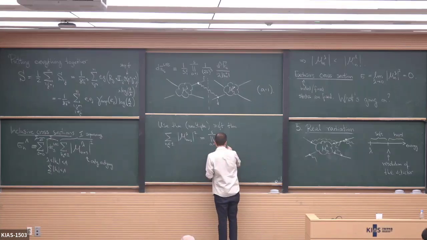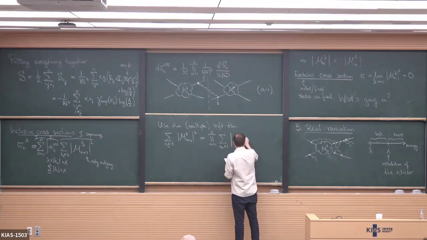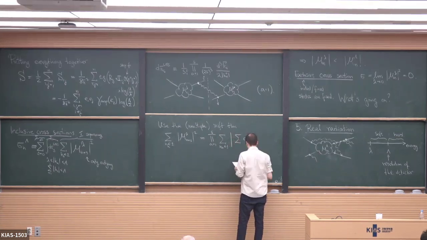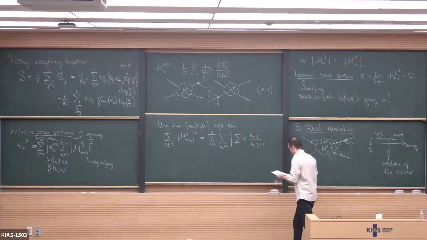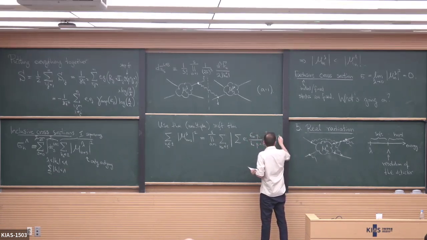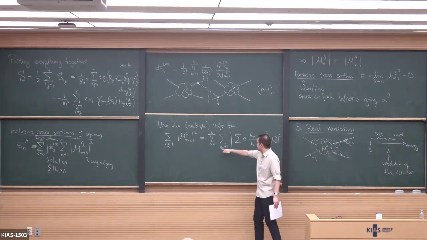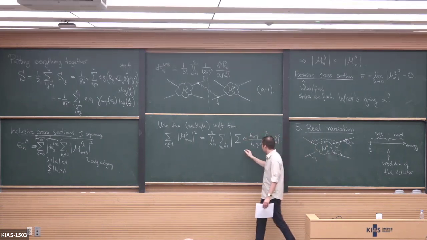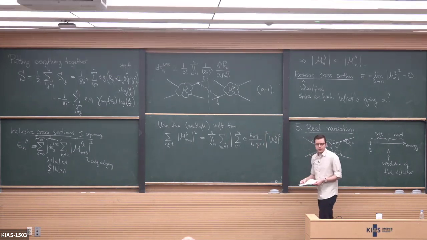Okay, so I have a product of all the soft factors, so this is the statement of the soft theorem. I just multiply the soft factors for all the particles. And now I can use my usual trick.